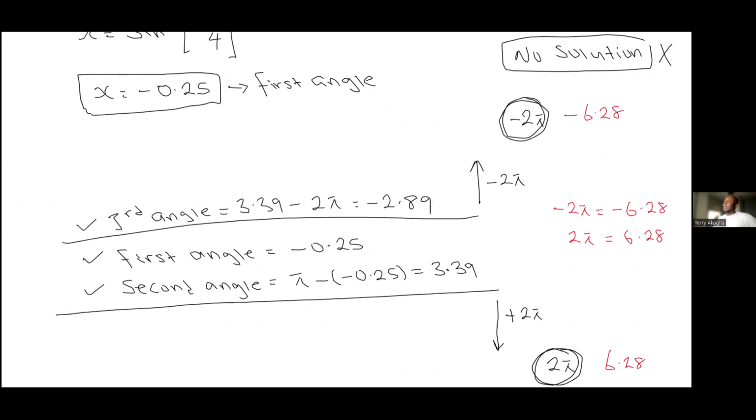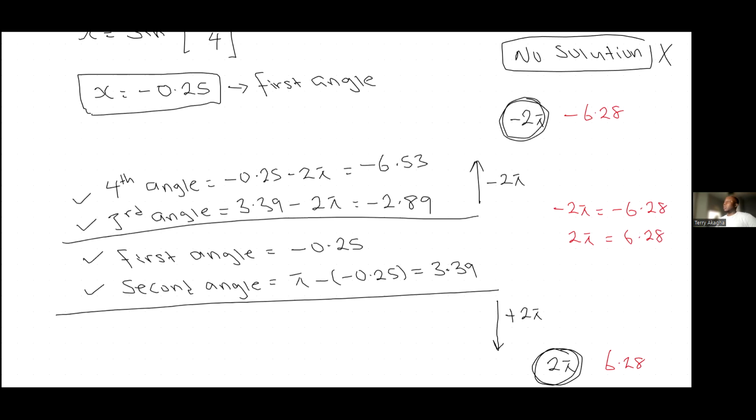Minus 2.89 is still greater than minus 6.28, so you keep on moving. We go to the fourth angle. So it's going to give us minus 0.25 minus 2 pi. And when you press your calculator, it will give you minus 6.53. And it's less than that, so that means you stop here.